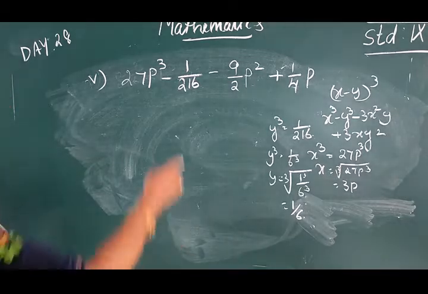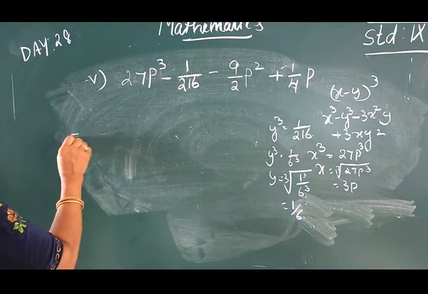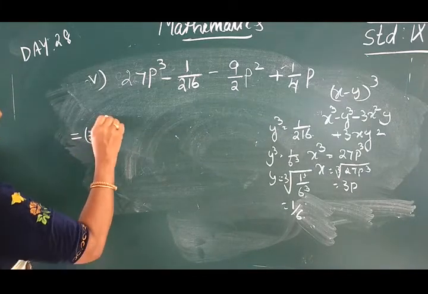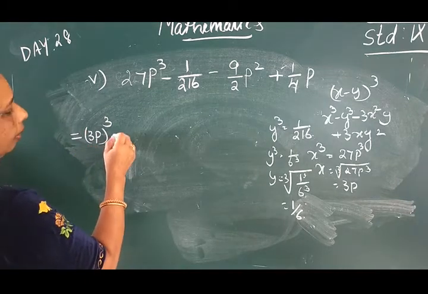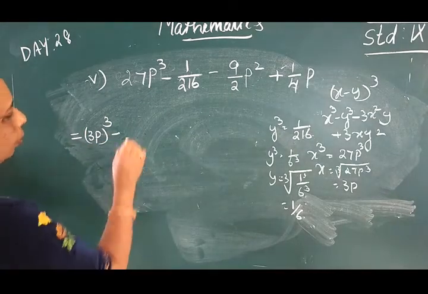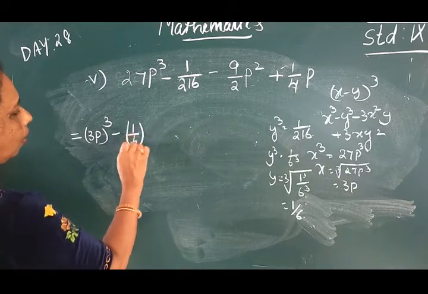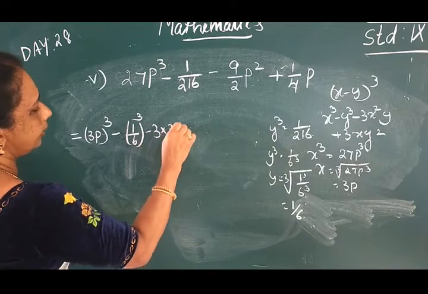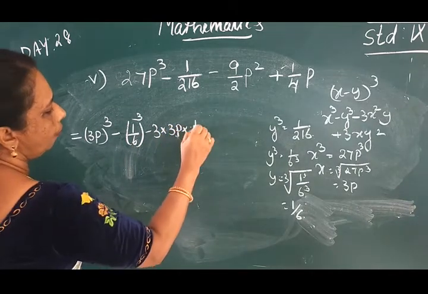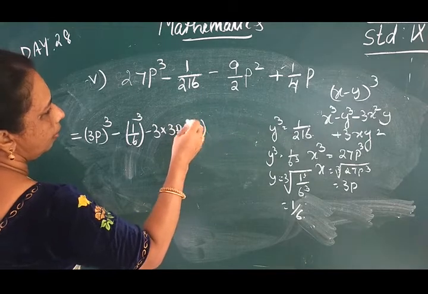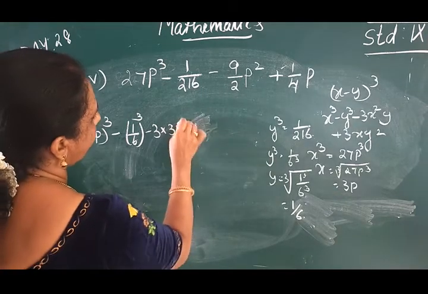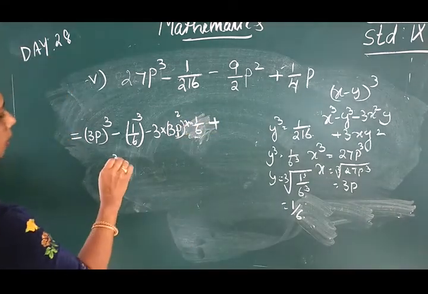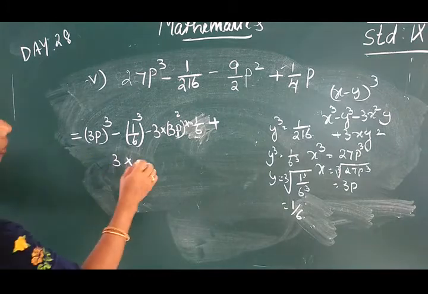Then we have to write the expanded form. That is x cube, 3p the whole cube, that is 27p cube, minus y cube, that is 1 by 6 the whole cube, minus 3x square y, plus 3x y square.